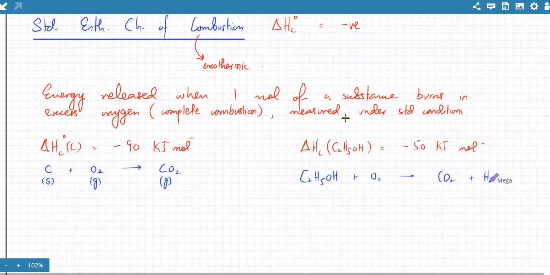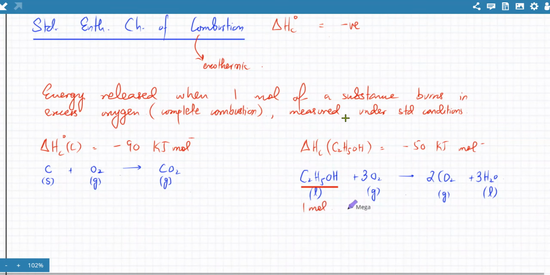Hopefully everyone remembers what happens when hydrocarbons burn: they produce carbon dioxide and water. The ethanol is liquid, the CO2 is gas, and the water at room temperature is going to be liquid. So there are 2 carbon dioxides, 3 water molecules, and 3 oxygen gas molecules. The substance at all costs has to be 1 mole.